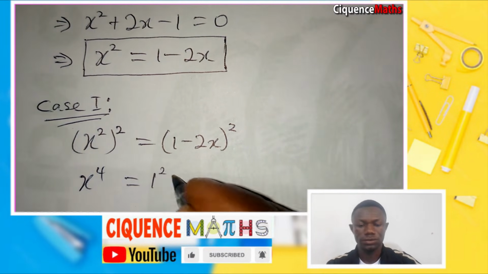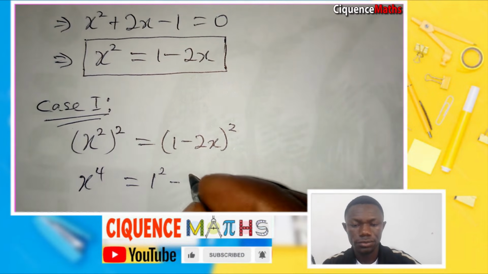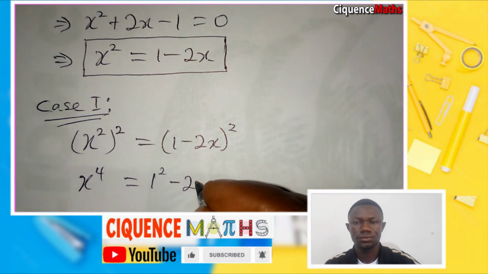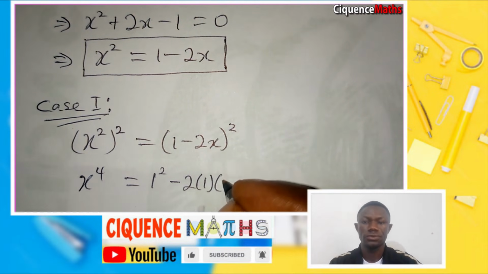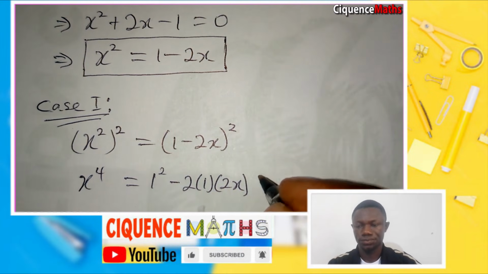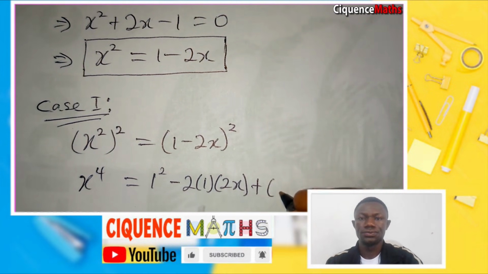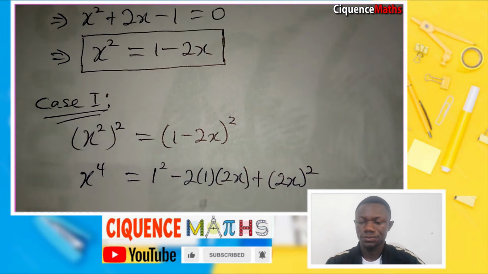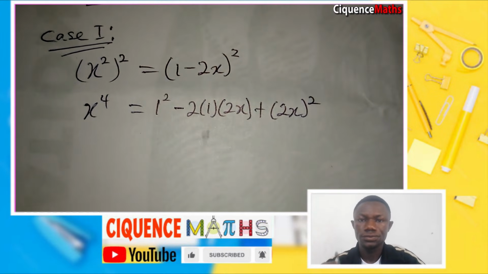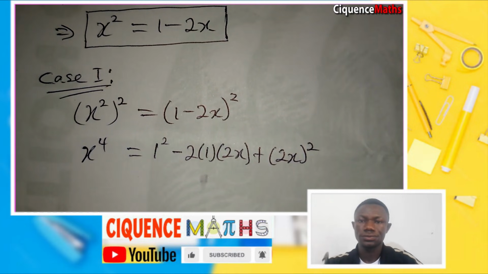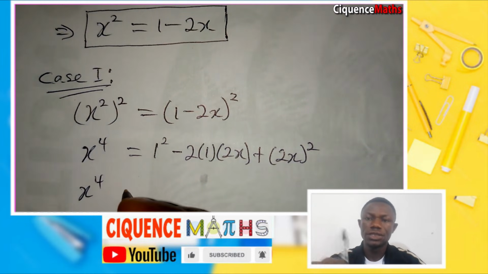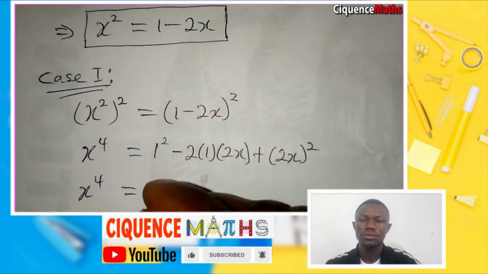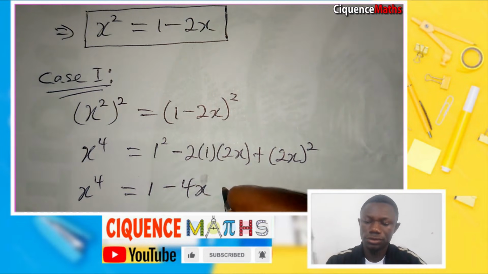That is equal to 1 square minus 2 times 1 times 2x plus (2x) squared. So we have x exponent 4 equal to 1 minus 4x plus 4x square.